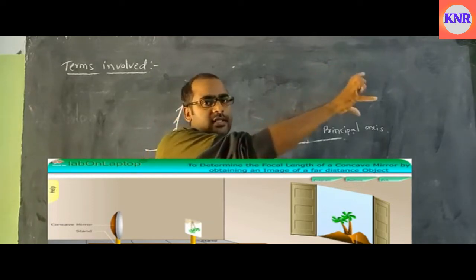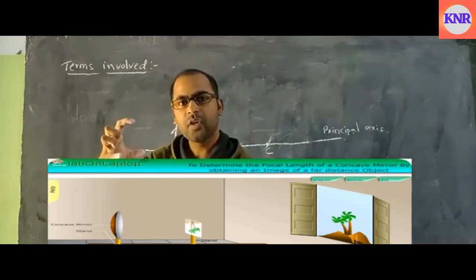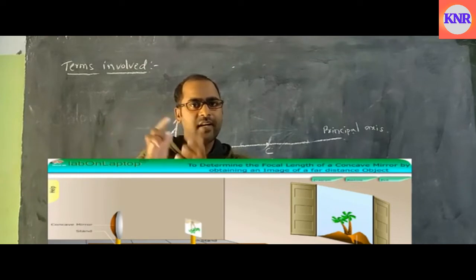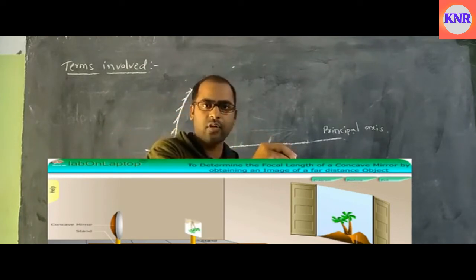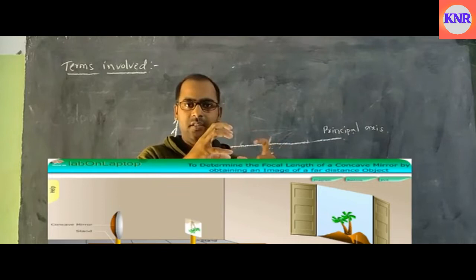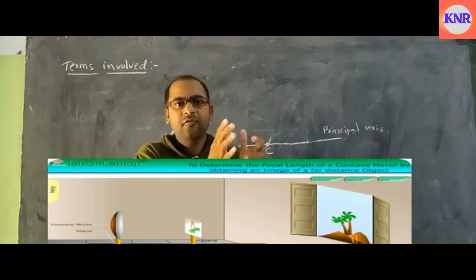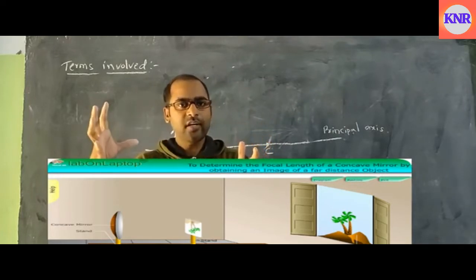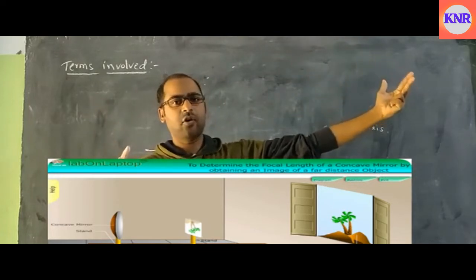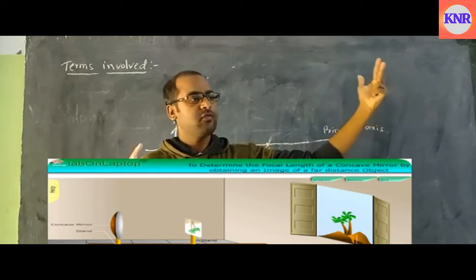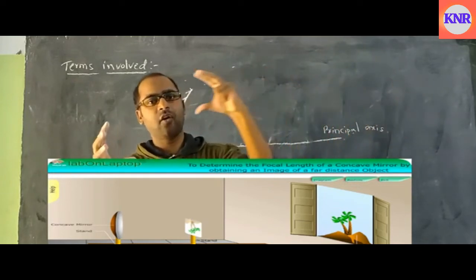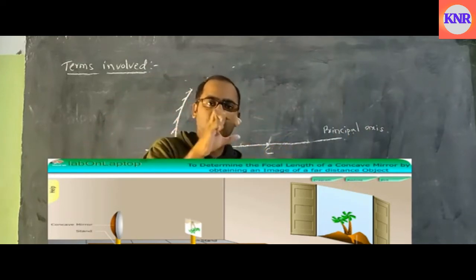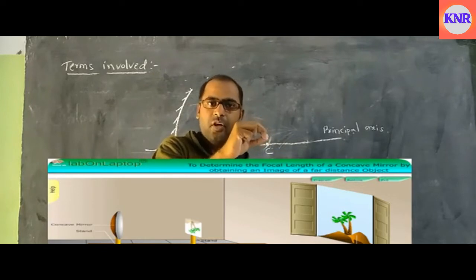The rays coming from the tree fall on the concave mirror, and the mirror reflects those rays and focuses them on the screen. Where it focuses perfectly, it forms a perfect, bright image. The rays falling on the mirror from far away are reflected and converge at a point.